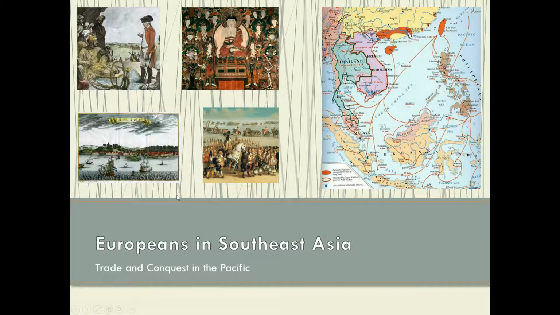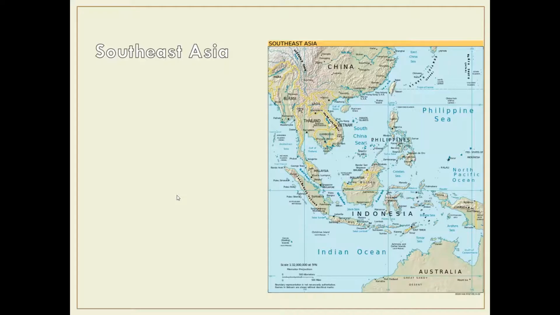So, as I said, we're going to go ahead and start with Southeast Asia. Southeast Asia geographically is pretty much split into two different areas. You have maritime Southeast Asia, which includes the Philippines, East Malaysia, East Timor, Indonesia, Brunei, and Singapore.